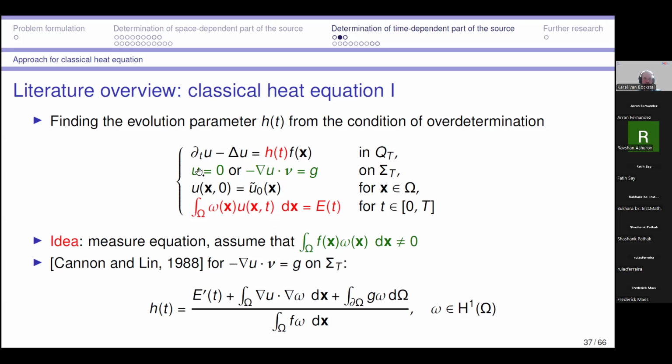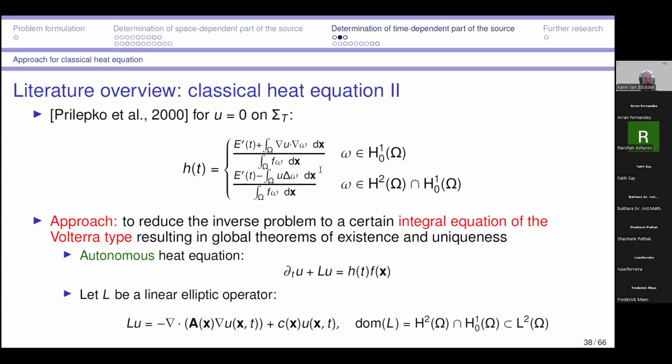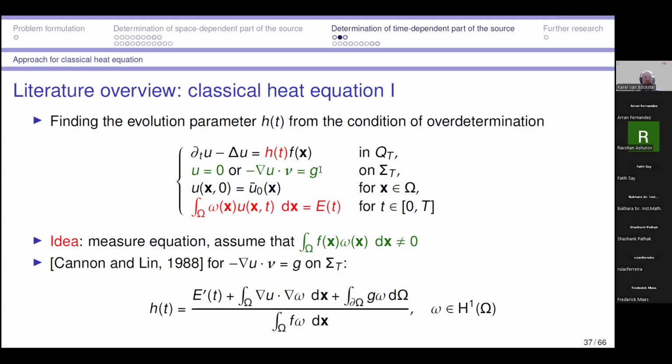So the idea in this approach by Cannon and Lin, also later in the book of Prilepko, is to measure the equation. To measure the equation means to multiply with this weight function and to integrate over the space domain. Then you can apply Green's formula on the Laplace operator to reduce the regularity.